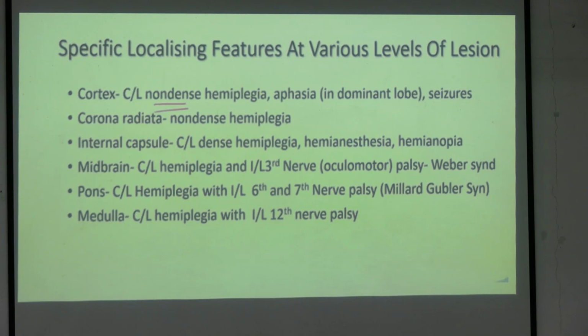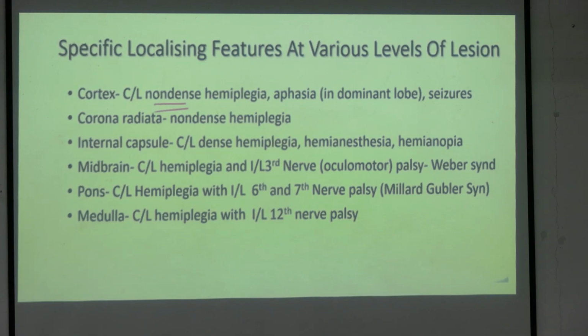In the pons, there are 6th and 7th nerve lesions. When 6th nerve palsy develops with hemiplegia, it is called Millard-Gubler syndrome. When the 3rd nerve is involved with opposite hemiplegia, it is called Weber syndrome. So, these are the syndromes described because they involve the cranial nerve at the midbrain or at the pons.